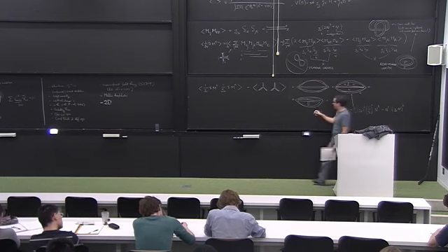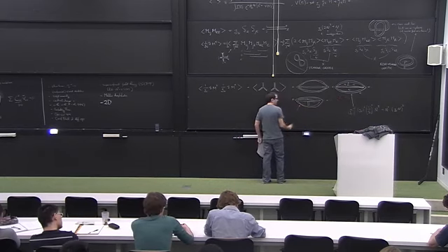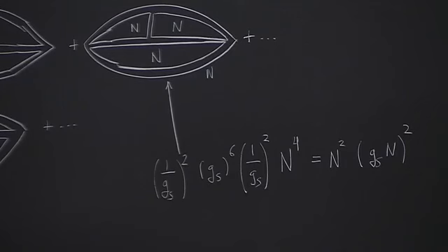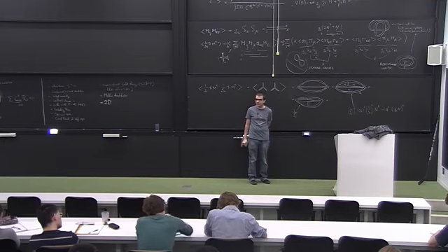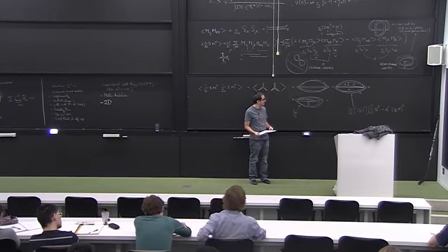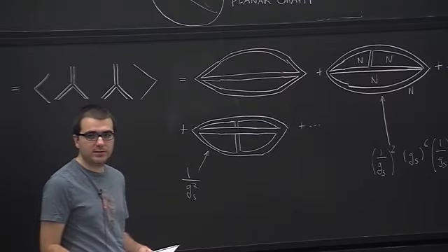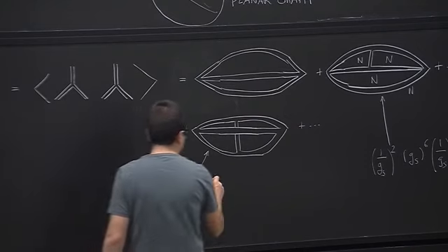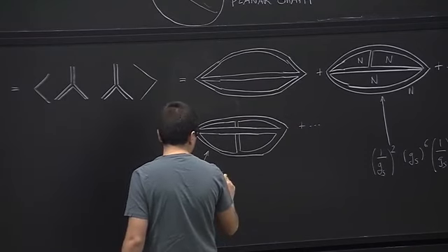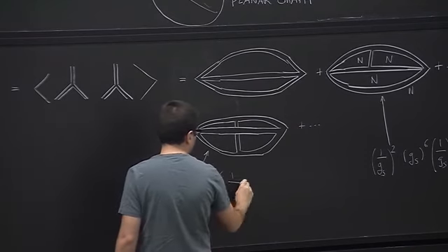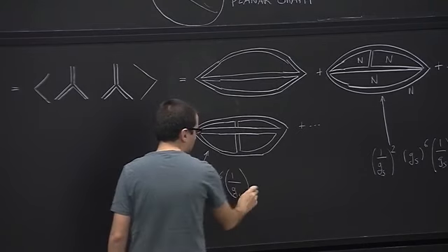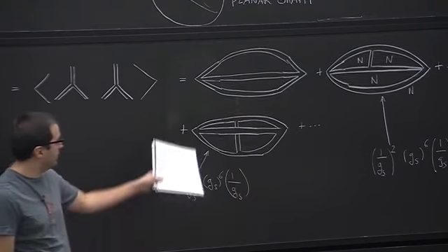Now let's work out this one here. So can someone tell me? Please. 1 over G string squared from the 2 external guys. How many propagators? 6. G string to the power 6. How many vertices this time?